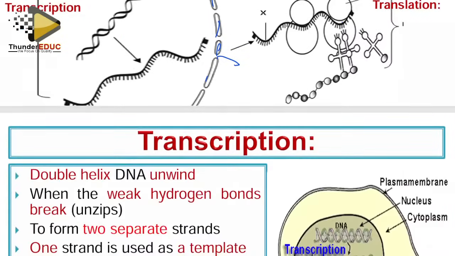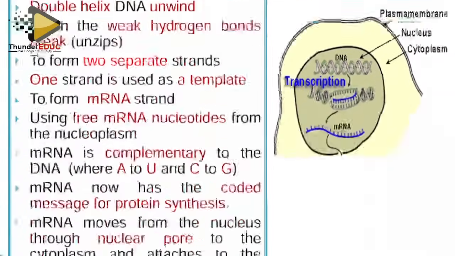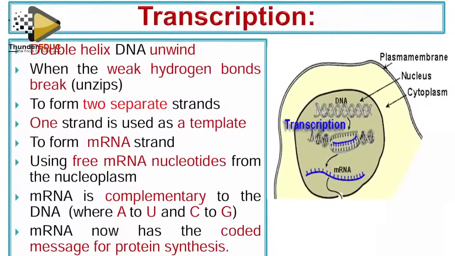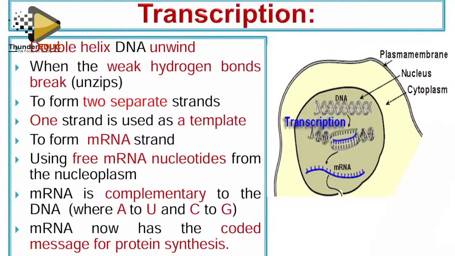So you go to transcription: the DNA double helix unwinds. The weak hydrogen bonds break to form two separate strands. The word separate must be there. Don't say to form separate strands. How many are they? To form two separate strands.